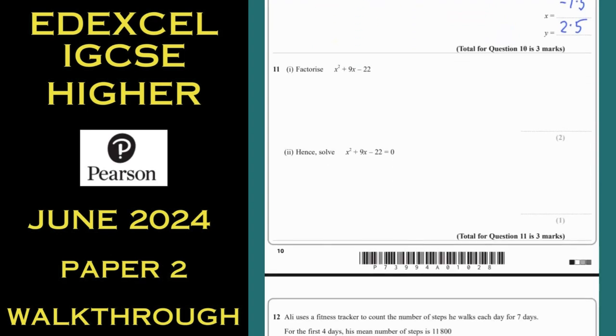I said bog standard, it carries on. Factorise that, so start racking your brain for 2 numbers which multiply together to make negative 22 and add together to make positive 9. It's positive 11 and negative 2, which takes you through to solving it, which basically means change the signs.